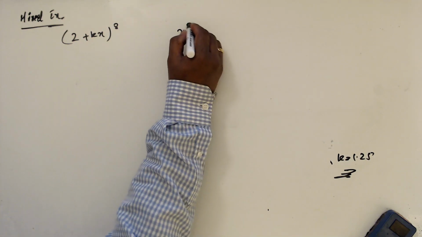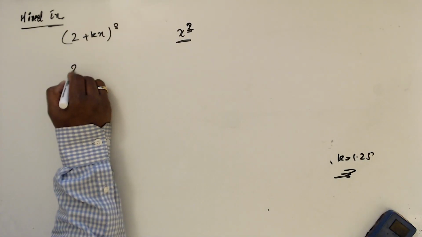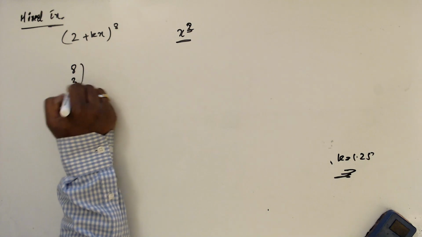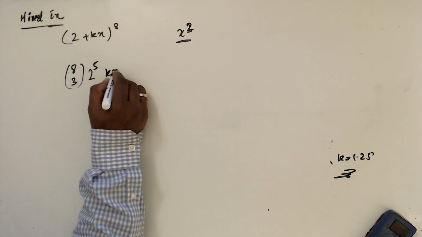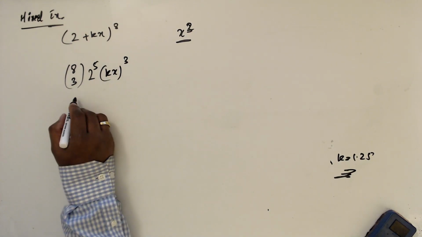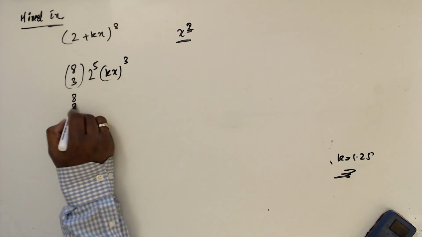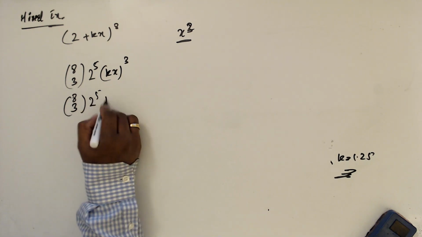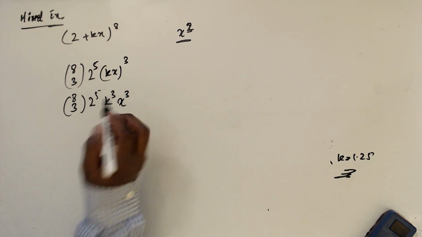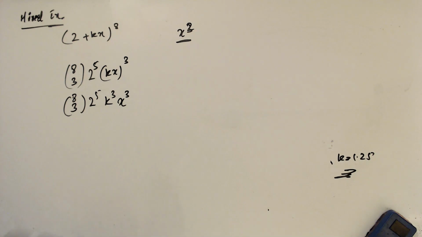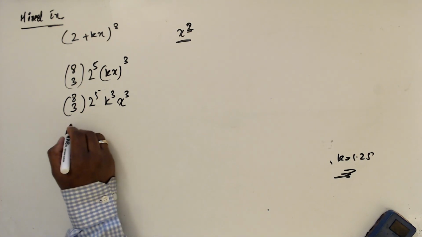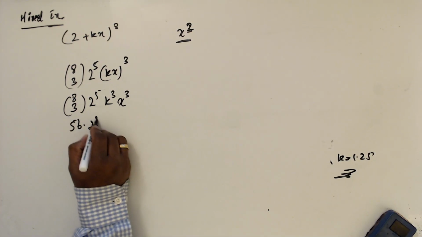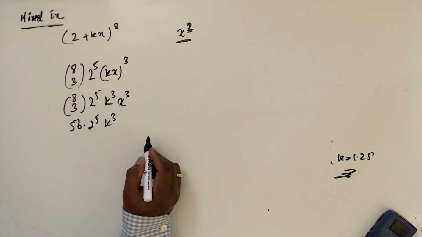Now we write the x cubed term, that is C(8,3) 2^5 (kx)^3, that is C(8,3) 2^5 k cubed x cubed, and C(8,3) is going to be 56. 2^5 k cubed.